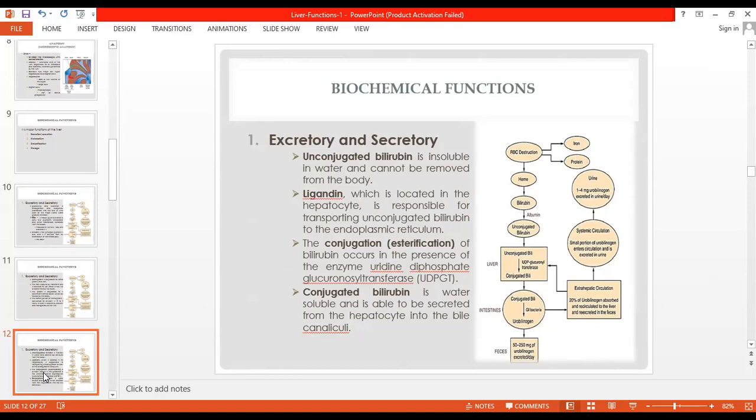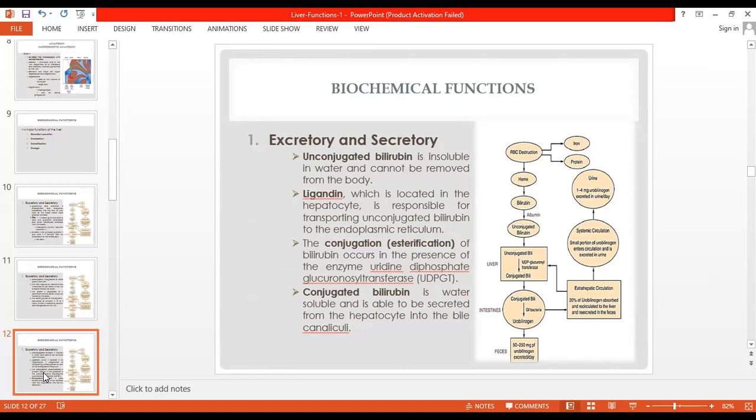Once at the liver cell, unconjugated bilirubin flows into the sinusoidal spaces and is released from albumin, so it can be picked up by a carrier protein called ligandin. Ligandin, which is located in the hepatocytes, is responsible for transporting unconjugated bilirubin to the endoplasmic reticulum, where it may be rapidly conjugated.